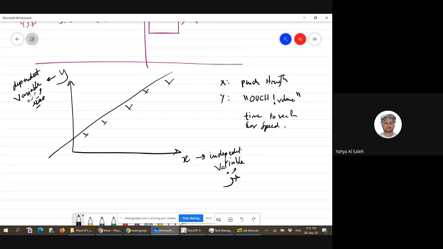Okay, time x, time x. One person said car speed is x. Okay, we have a lot of opinions. This is good. Think again, the same as the punch and the ouch. Which one depends on which one?